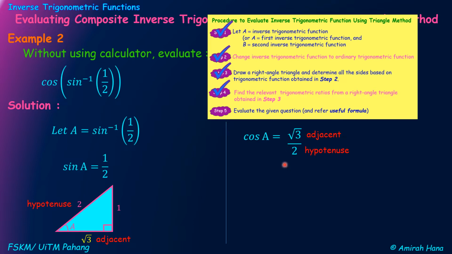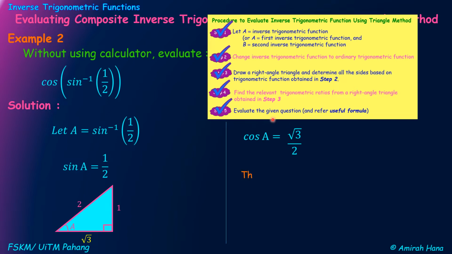Now in step 4, find the relevant trigo ratios from the right angle triangle obtained in step 3. This is our right angle triangle with all 3 sides, and we write the relevant trigo ratio, which is cos A. After that, we continue with step 5.